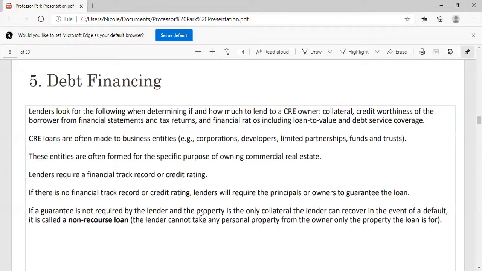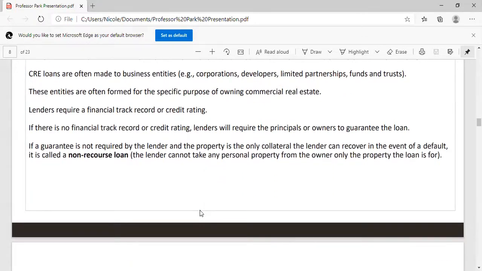So like I had spoken about before, you'll create an entity that owns that property, but when the lenders are looking to lend money to you, they will look at the GP and LP's track record, which is their creditworthiness and their collateral and financial statements, to make sure that they have proven themselves and they're not a risk to lend to.